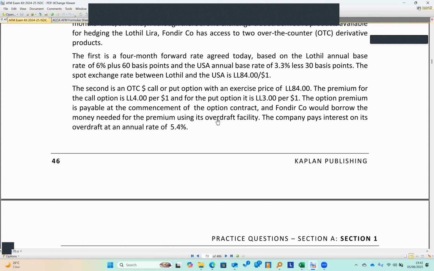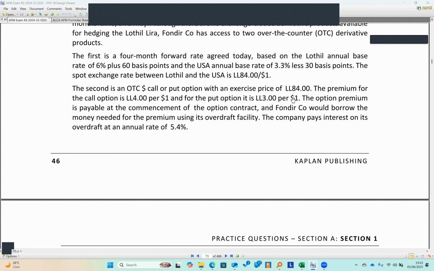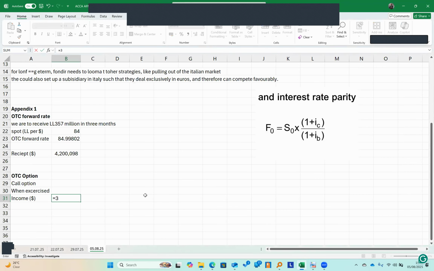So now, when you exercise the option, what will be the income in dollars? Remember, they've told us that it is at 84. So basically, we get 357 million by 84. So you get 4.25 when you exercise.